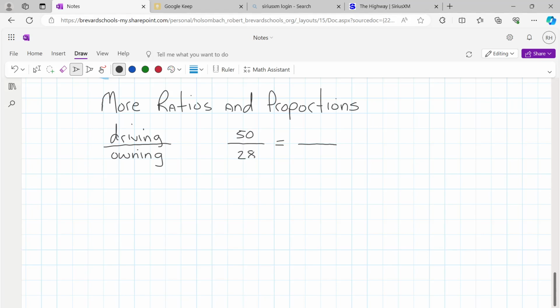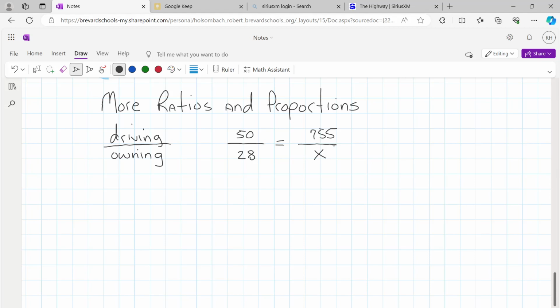If 755 drive, so now our numerator in this fraction on the right is going to be 755. And what we're looking for is the total number of students who own cars, and I'm just going to use the variable x. So that's our setup for this proportion.